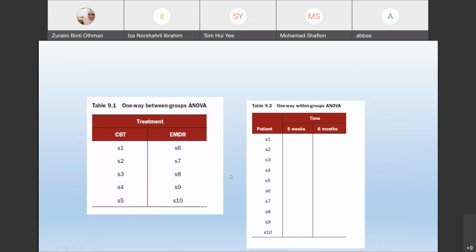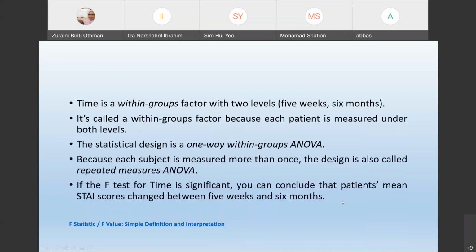Look here: we measure after 5 weeks, and after 6 months we measure again. So we call it repeated measures ANOVA. We want to know the significance: is there any difference between after 5 weeks of treatment and after 6 months of treatment?